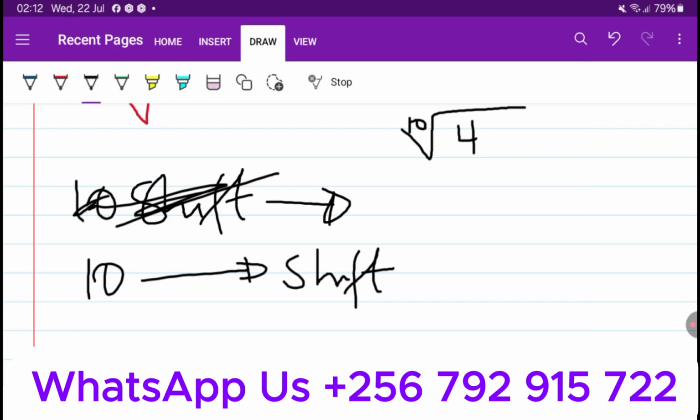Then you go to that symbol. It has a root like that. It's called the power. There is a symbol that looks like that. Press 10, shift. Then you press the power button.